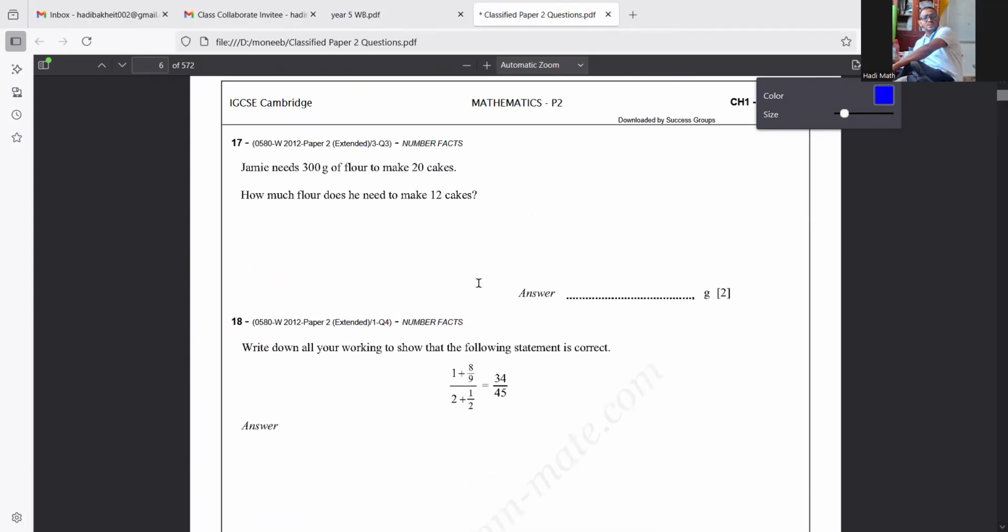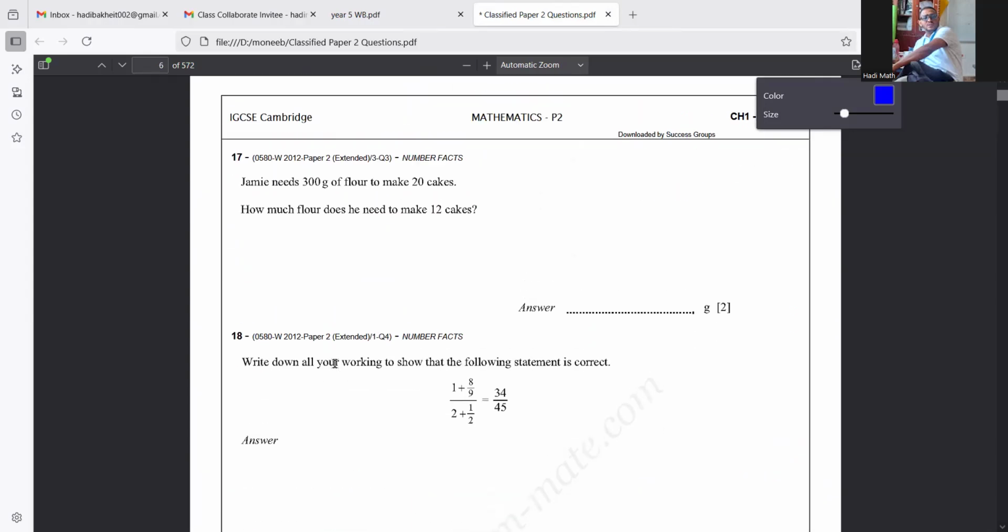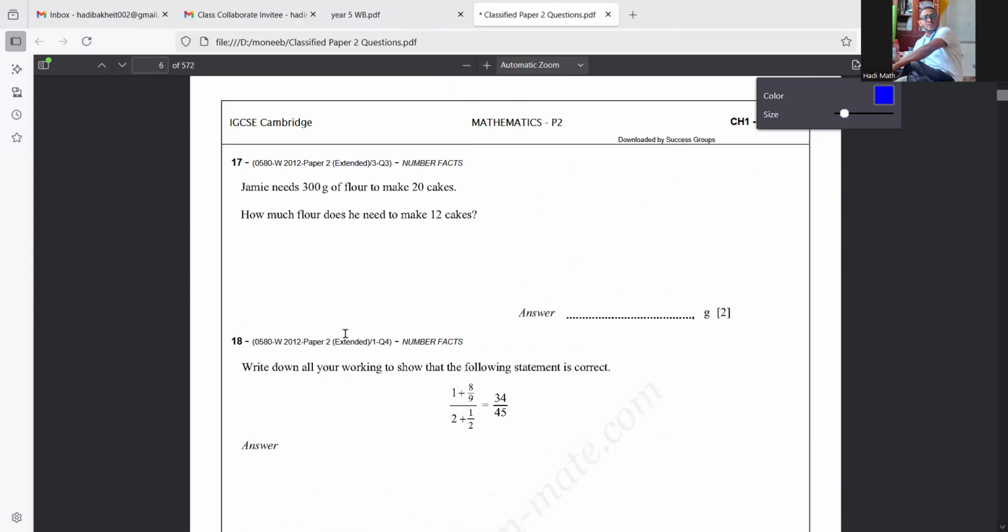Let's go on. We say Jamie needs 300 grams of flour to make 20 cakes. How much flour does he need to make 12 cakes? What you need to understand is whether it is direct proportion or inverse proportion. When we say direct proportion, it means both of them increase together.